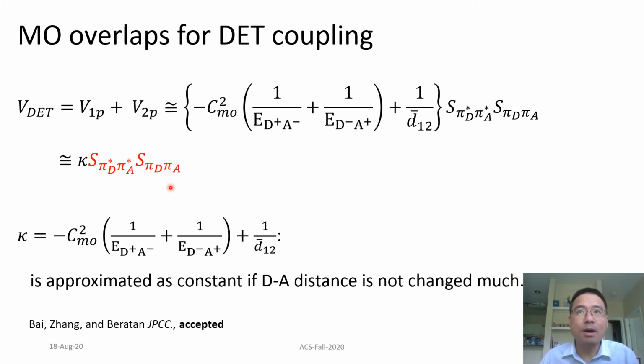If there is more than one excitation configuration for the donor or acceptor, then some other molecular orbitals are not ignorable, and we have to consider more than just this term. There will be more overlap terms than just this one.